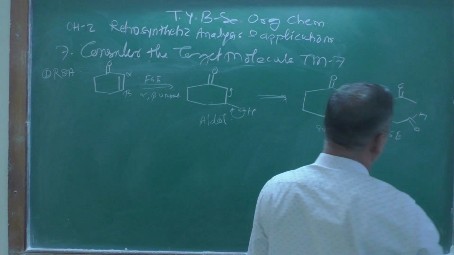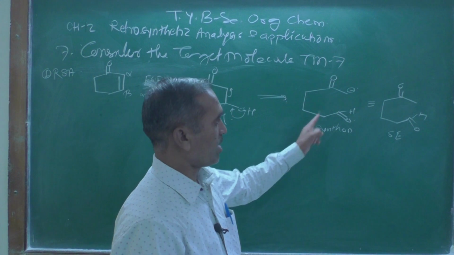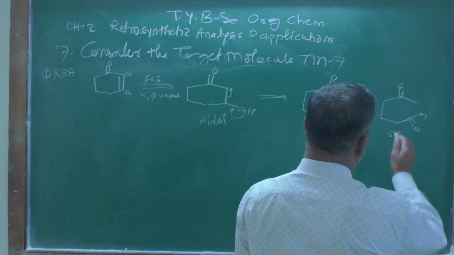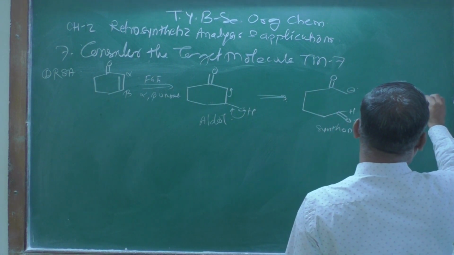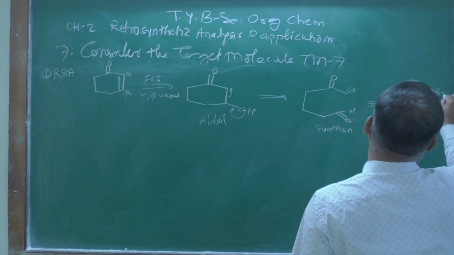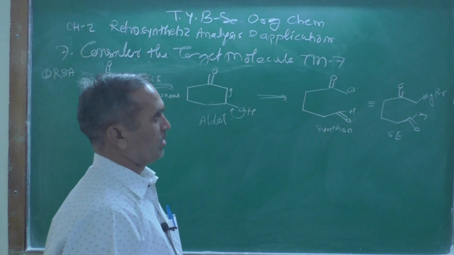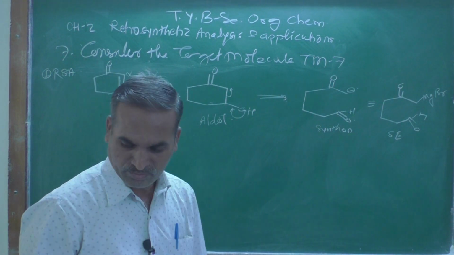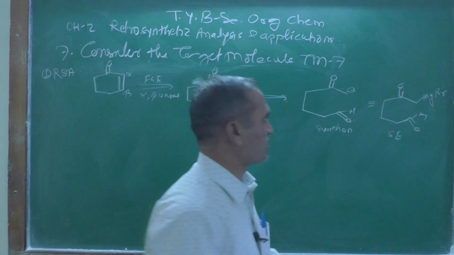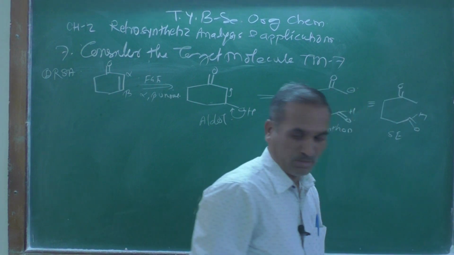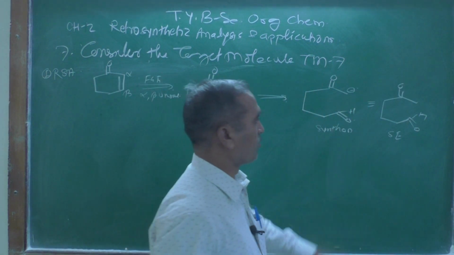This is a reliable synthetic equivalent. Here is MgBr, not the hydrogen atom. Now make it clear over here, what we can call a CH3 group. You can place hydrogen, it doesn't matter. This is a synthetic equivalent.